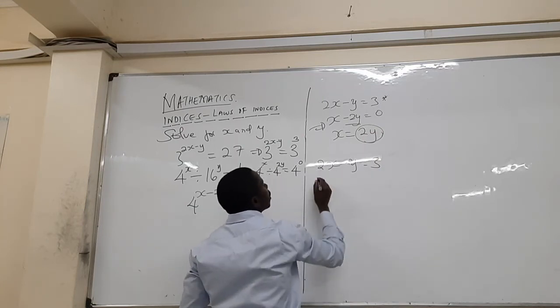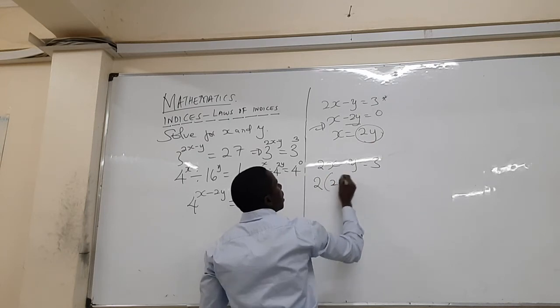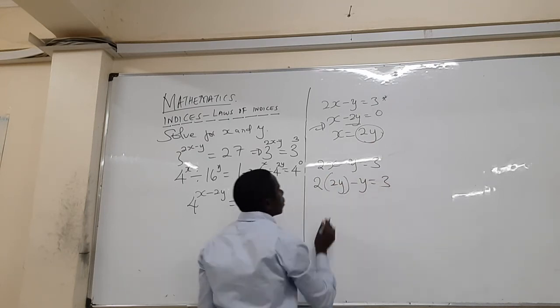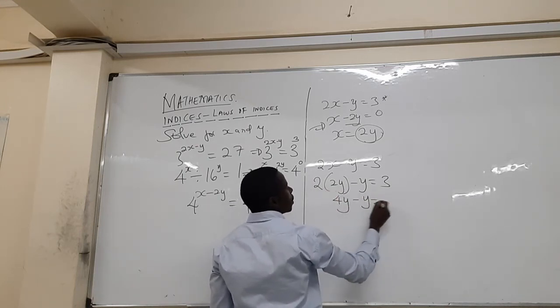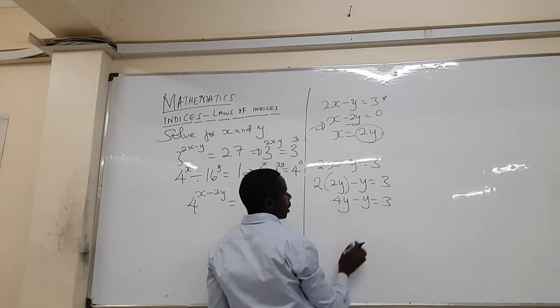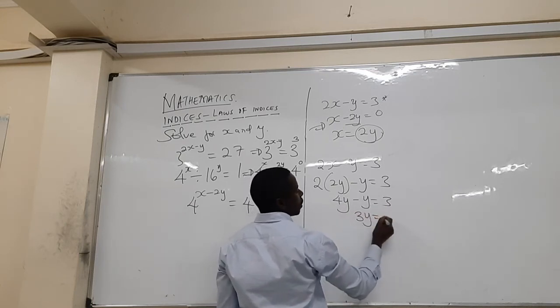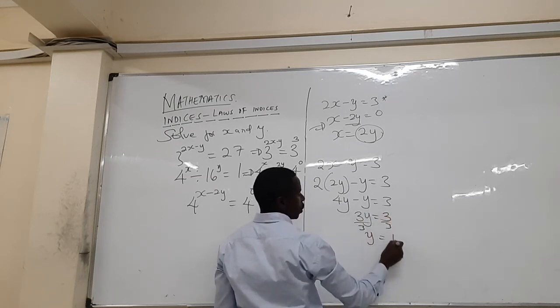So instead of having 2x, we have 2 times 2y, then minus y is equal to 3. So 2 times 2 gives 4y minus y is equal to 3. Then 4 minus 1 is 3y is equal to 3. So divide by 3 on both sides and you get y is equal to 1.